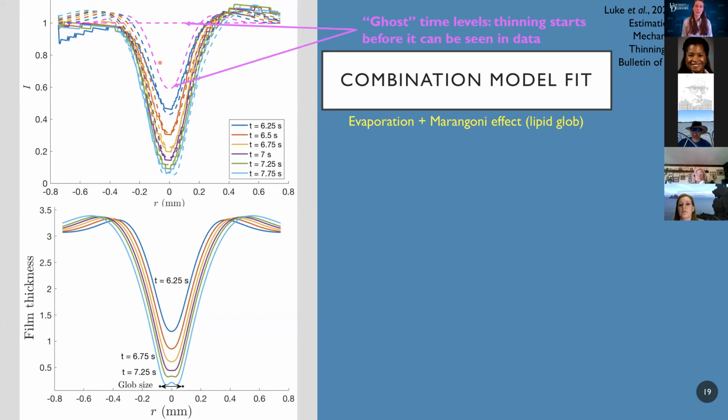So thinning has already started before we can even see in the data. So we added these magenta time levels just to get our model going, and then we started comparing with experiment. So again, solid curves are experiment, dashed curves are theory, same colors are the same time levels. Okay, so you can see very good agreement over time.